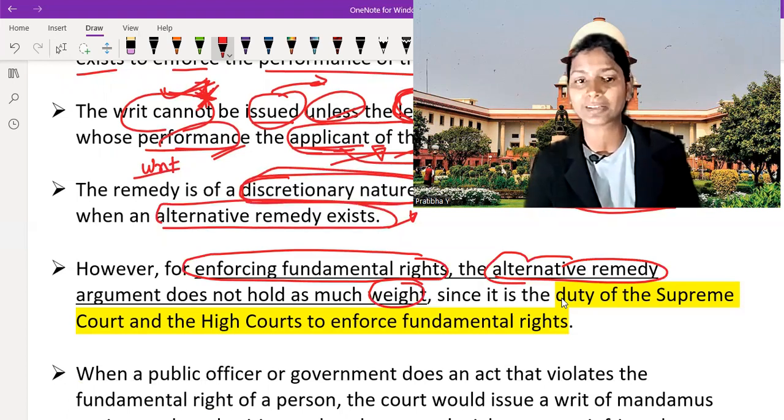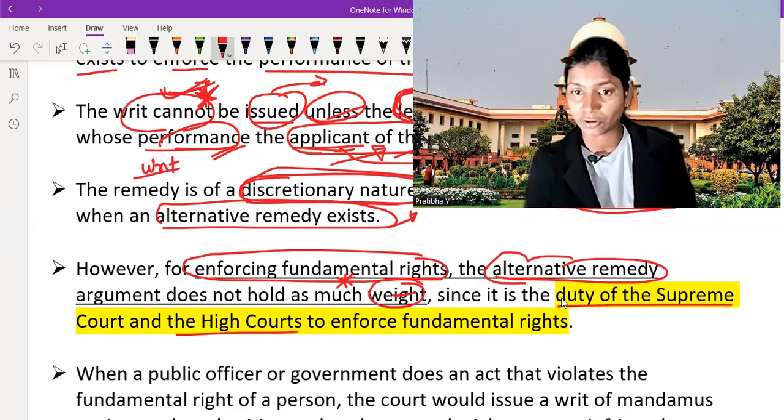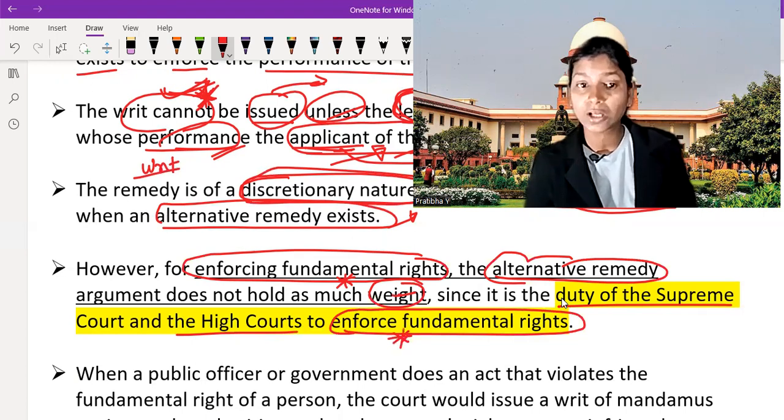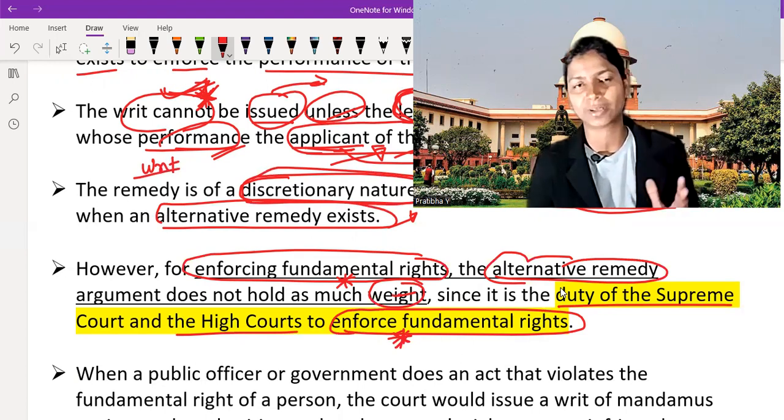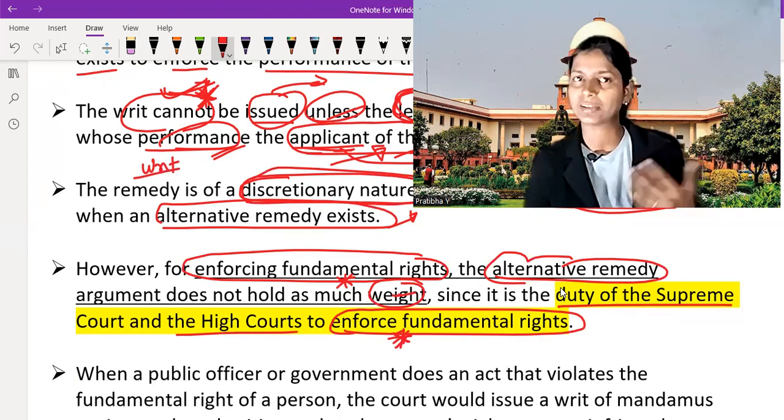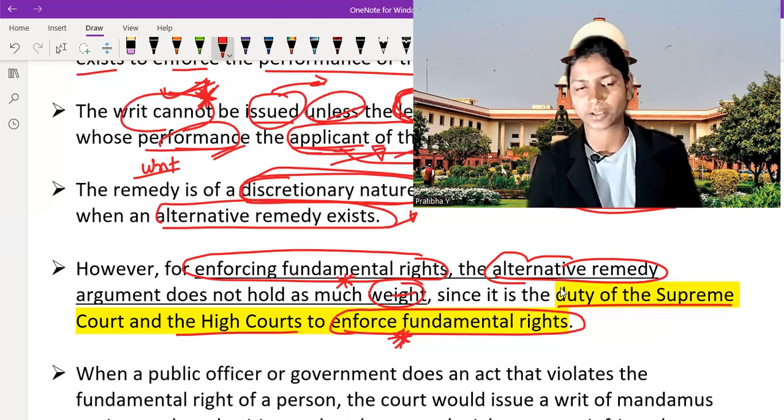But in the case of fundamental rights, this argument does not hold much weight, because it is the duty of the Supreme Court and the High Court to enforce fundamental rights. So the alternative remedy argument does not hold as much weight in this case. But in other cases, it holds strong weight.